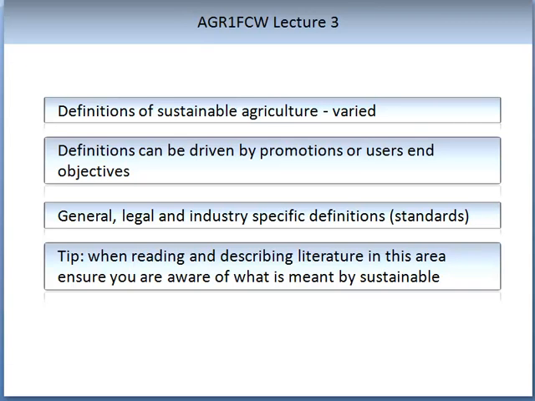It will also sustain the economic viability of farm operations and enhance the quality of life for farmers and society as a whole. This legal definition very much matches the definition on the previous slide.